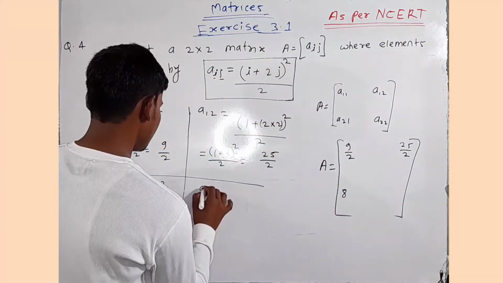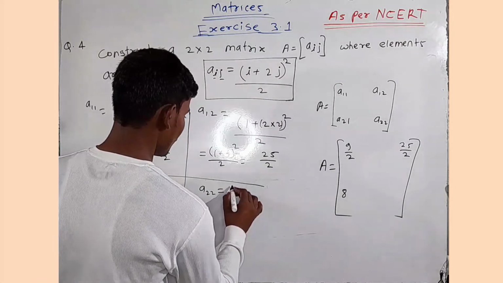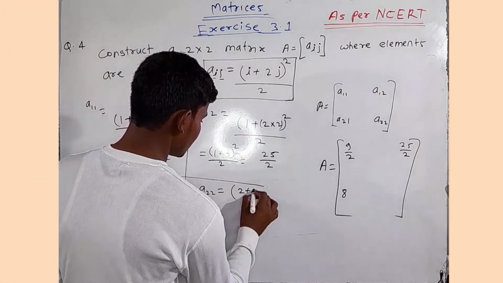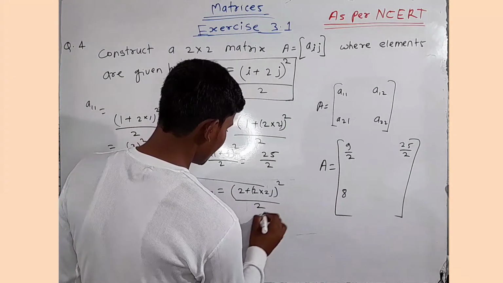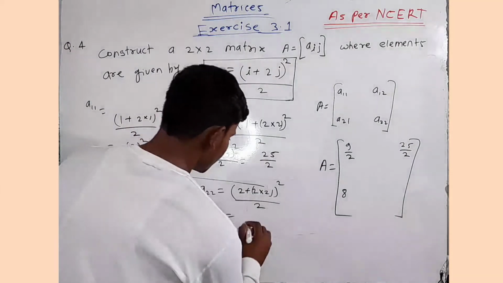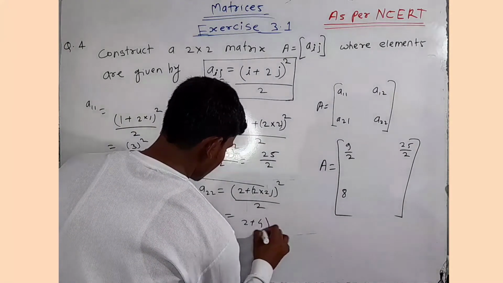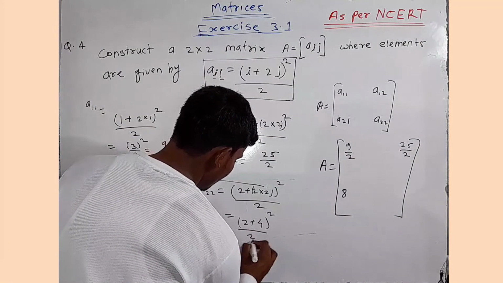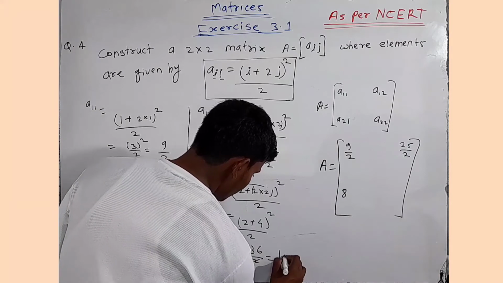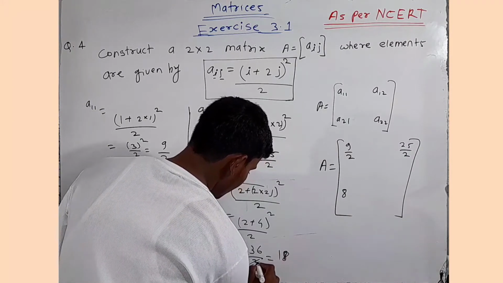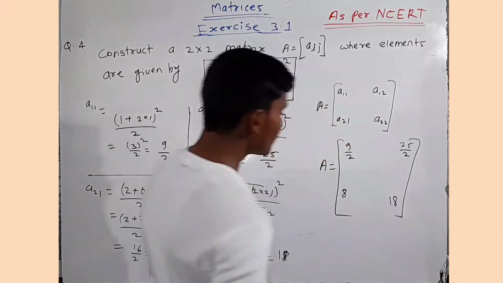And the last one is A22 equals (2 plus 2 into 2) whole square divided by 2, which is (2 plus 4) square divided by 2, 36/2, which is equals 18.